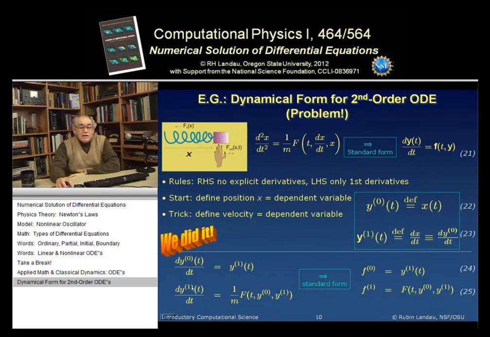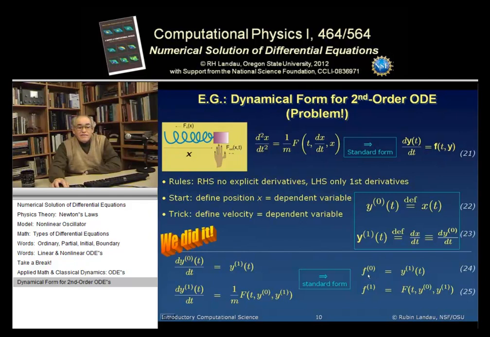And we define the derivative of y1, well, that of course is the derivative of the velocity. That's just the acceleration. But we know that's just d squared x by dt squared. I didn't write it here because I didn't want to confuse it, but we know that is just the force on our function. So we have our standard form in equation 21.